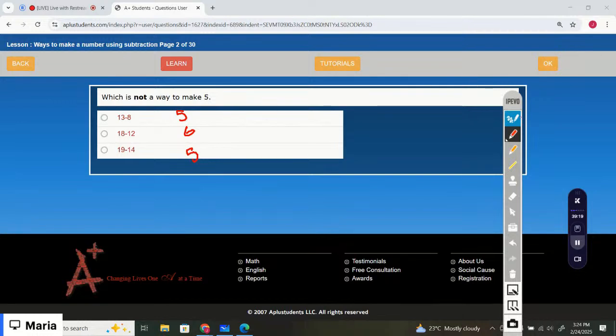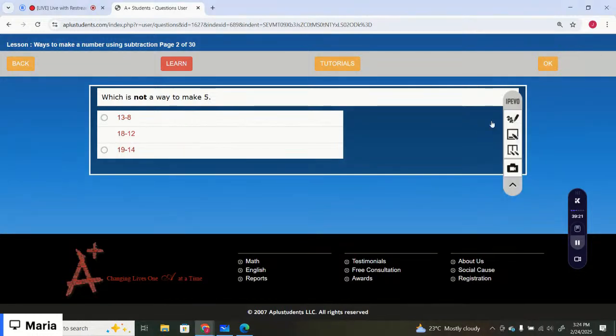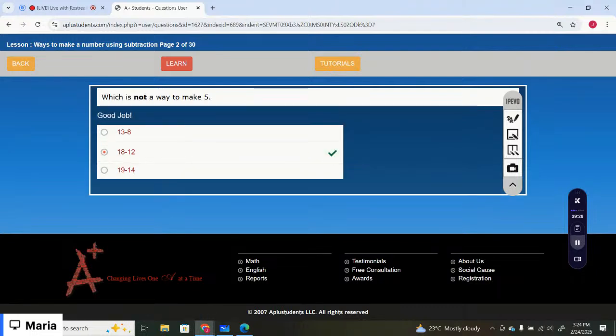The correct option is option number 2. That is not a way to make 5. 18 take away 12 is 6. That is the correct option.